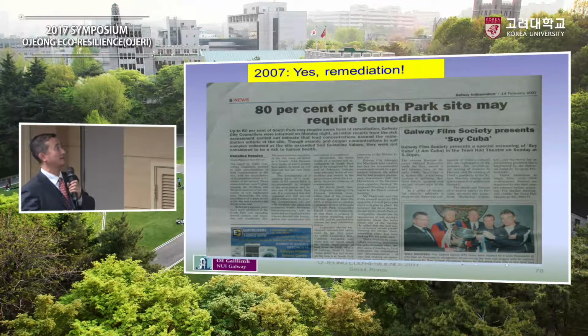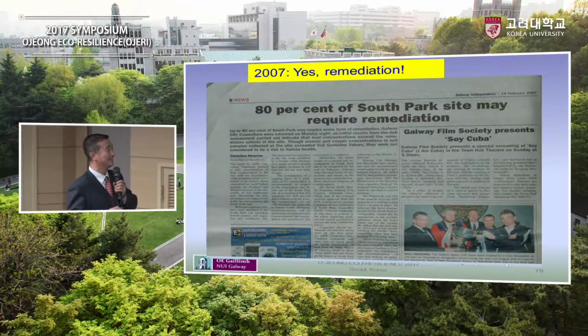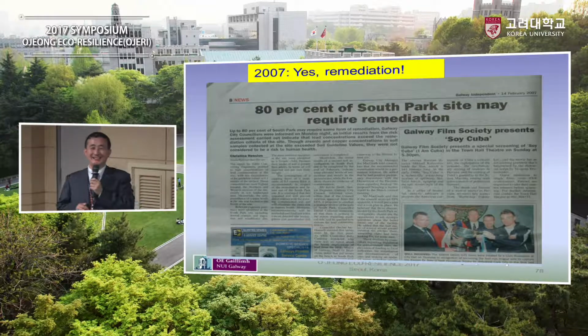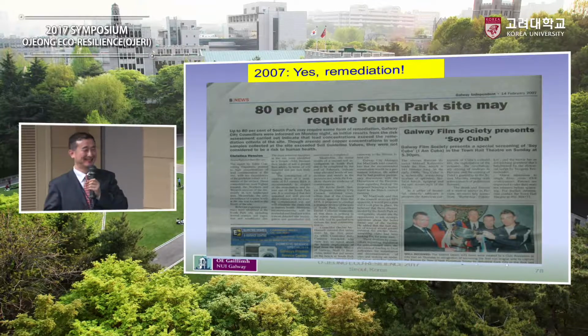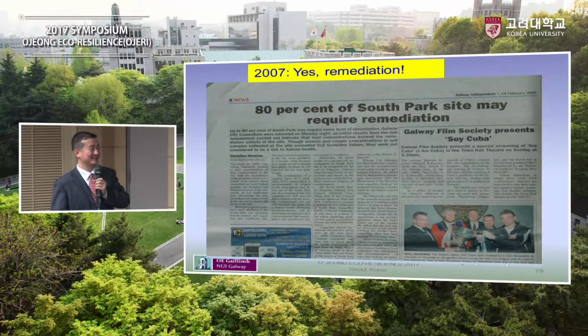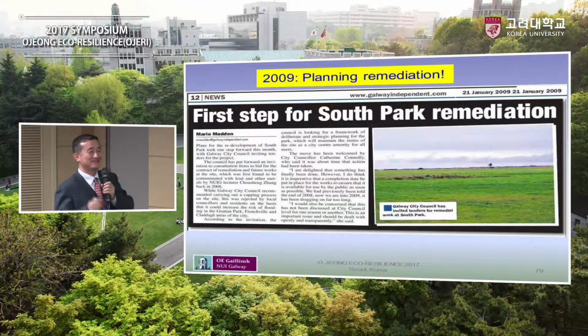But don't forget that at the end of 2007, the Western world, especially Ireland, was hit by the financial crisis. The subprime mortgage problem from America spread to Europe, and Ireland was heavily affected. So they didn't get money to do the remediation. Then it was delayed, and in 2009 they were preparing for remediation.